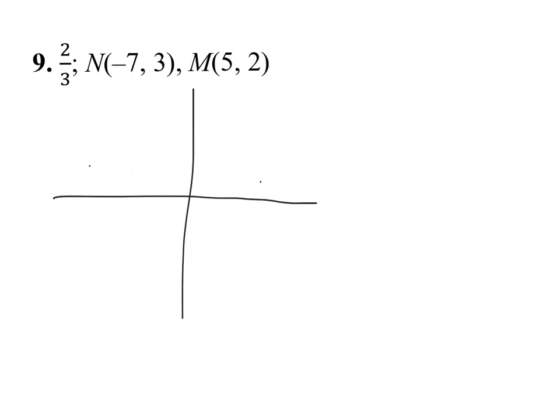What you should see is that even though we're going to the left a good distance, we're actually dropping a little bit. A slight negative because this 3 here is greater than this 2.